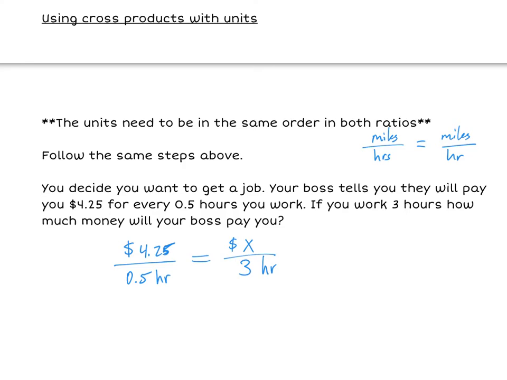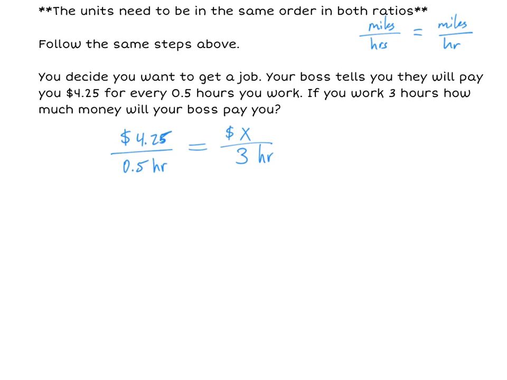You're going to do this exactly like we did the other ones. Multiply on the diagonal. What do you get? 4.25 times 3 is 12.75.